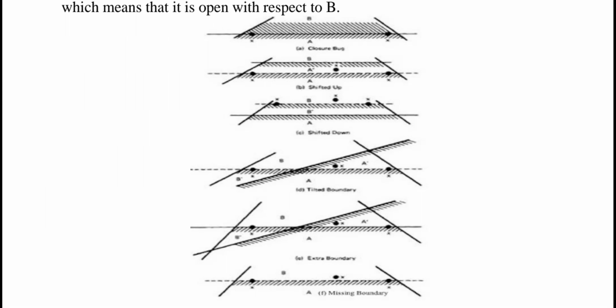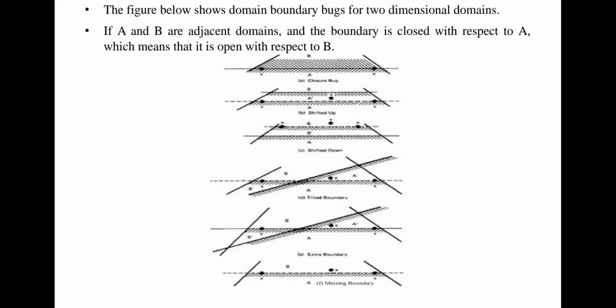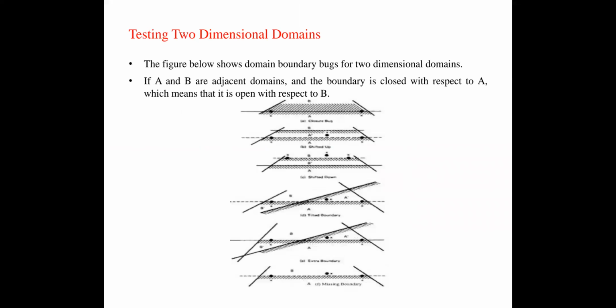That is called X. That X point is also very important. When you shift down, the domain line is shifted down, but the point is on the upside. X is also a very important, major point.